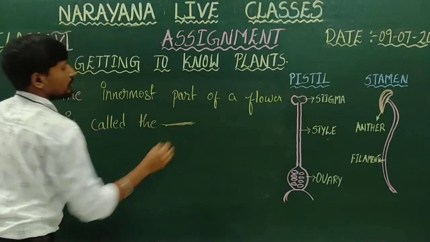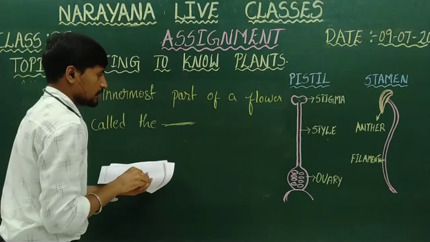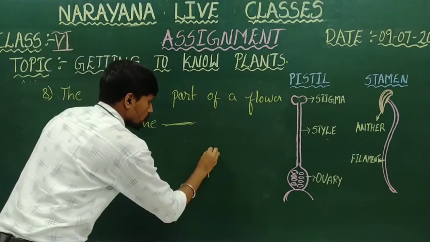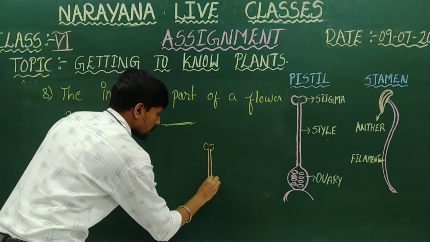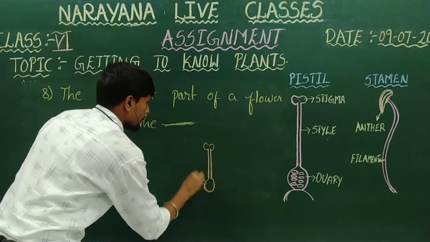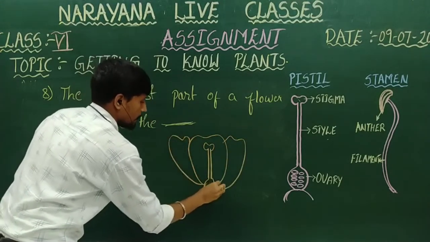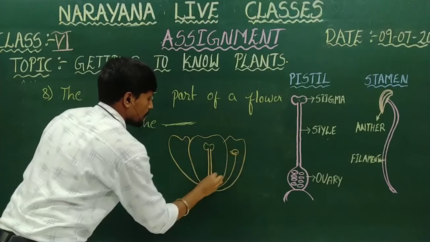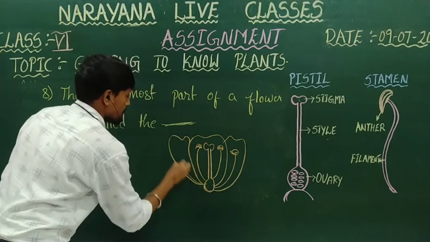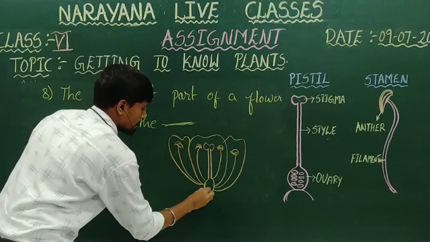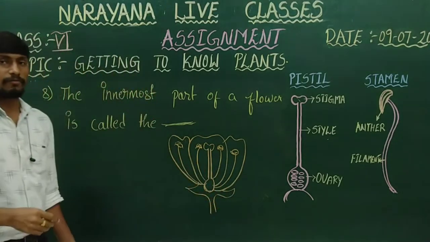What they are asking is, if you see the flower, what is the innermost layer? See here the structure of the flower.